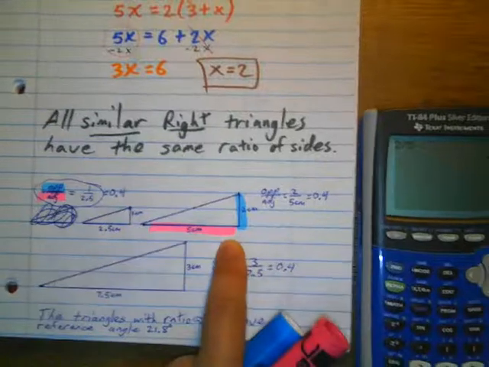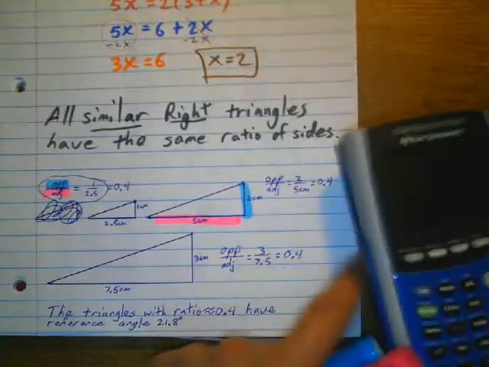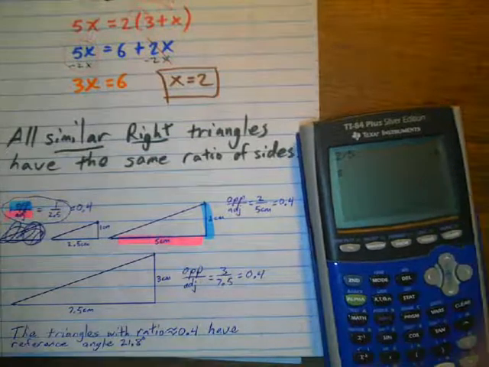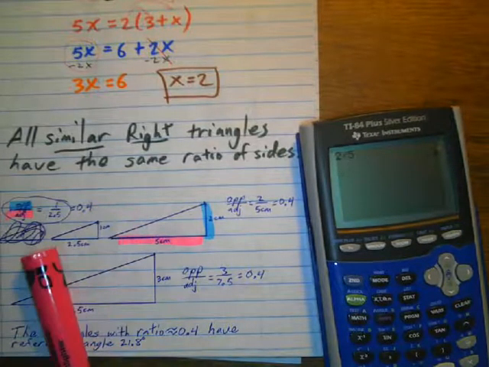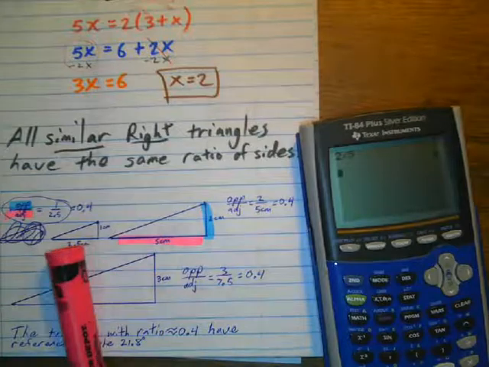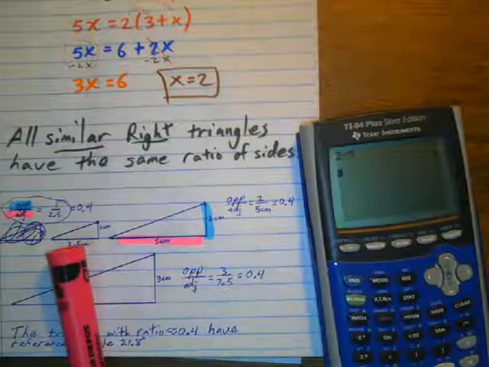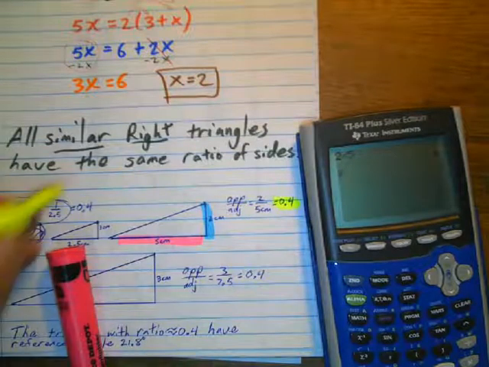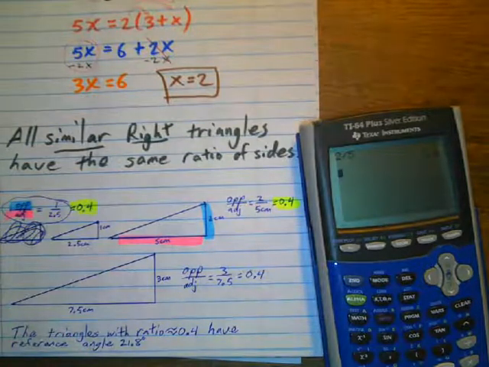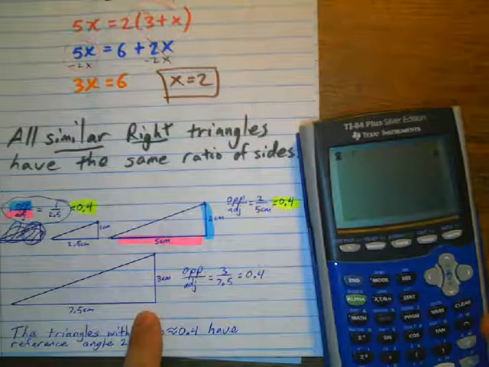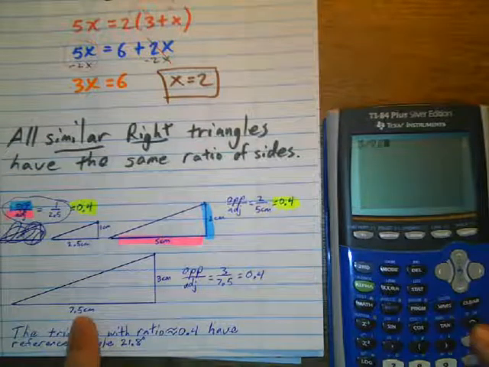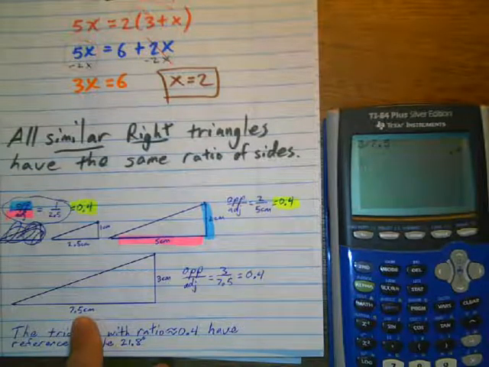Once again, we have the same ratio of 0.4. And here we have the same ratio of 0.4. And also, I get the same ratio here. So I've got 3 divided by 7.5, and I get the same ratio of 0.4.